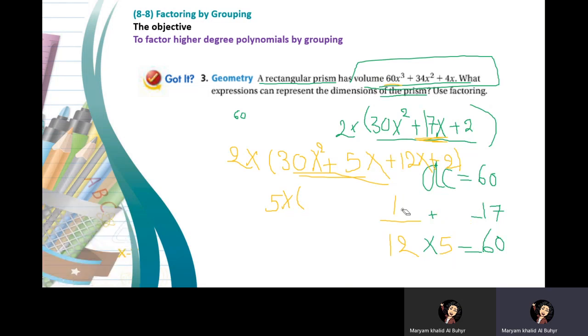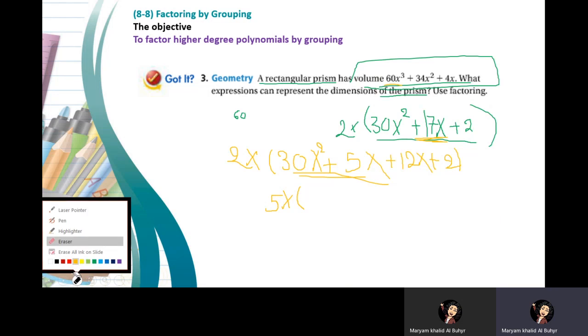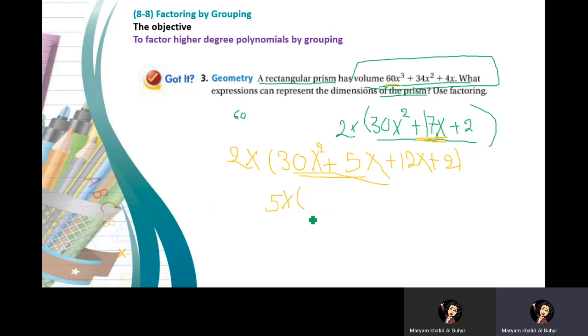Let me erase this part so I can continue in this space. So that is the remaining from here. It's 6x plus 1 because you took 5x, the remaining is 1.